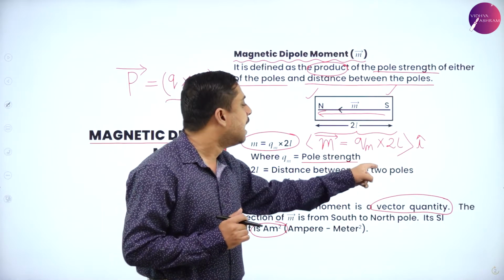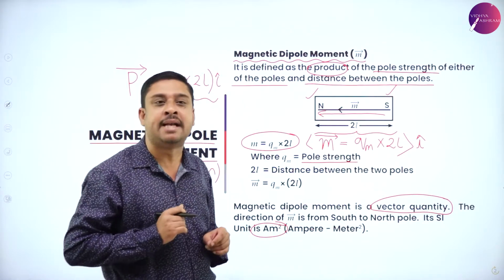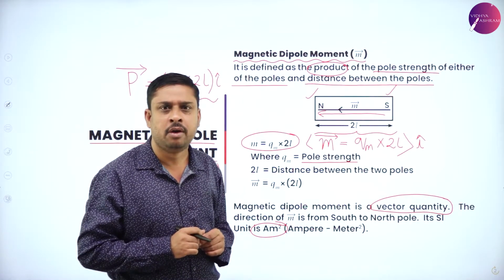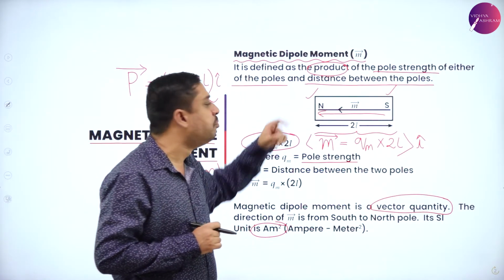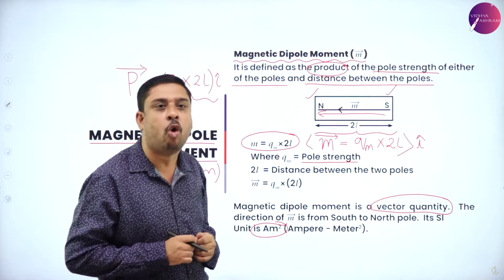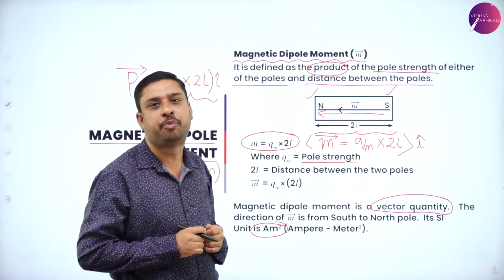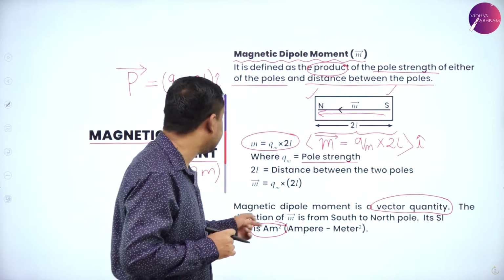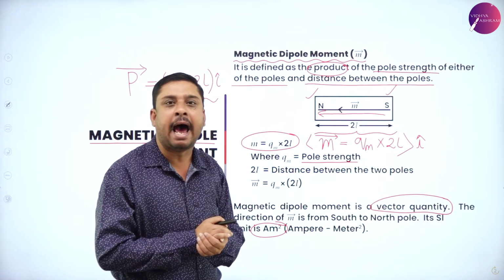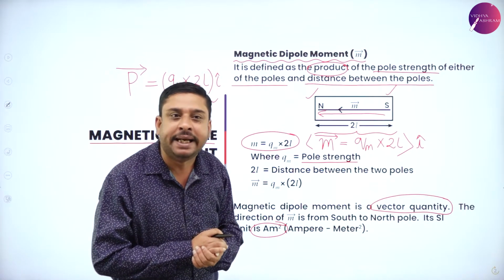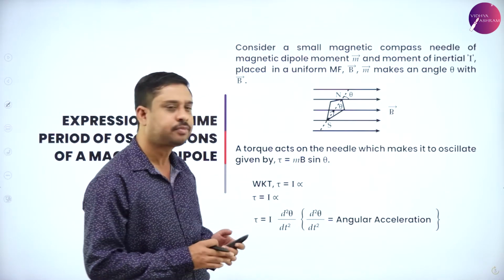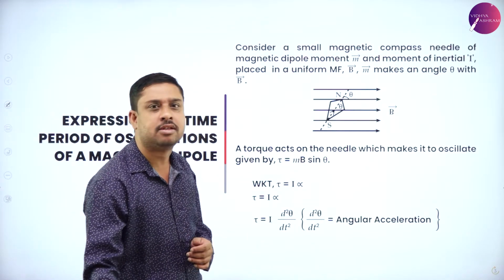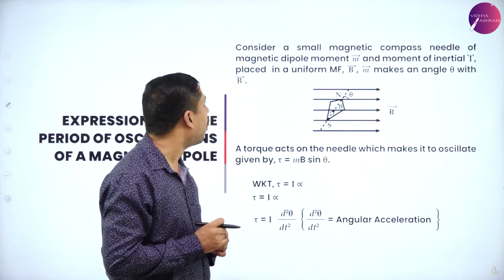It is a vector quantity, very important, directed from the south pole to the north pole, and its SI unit is ampere meter square.